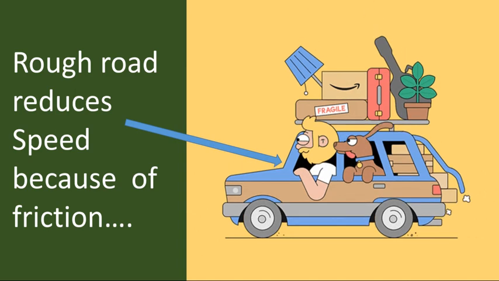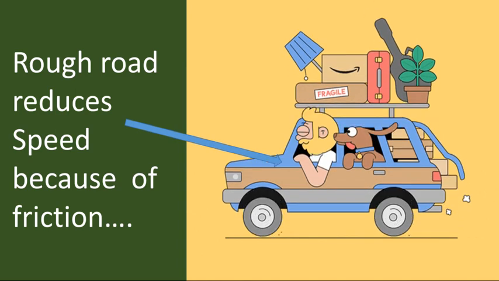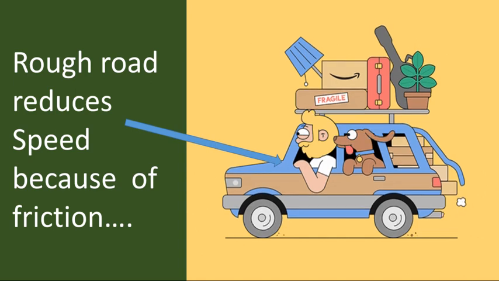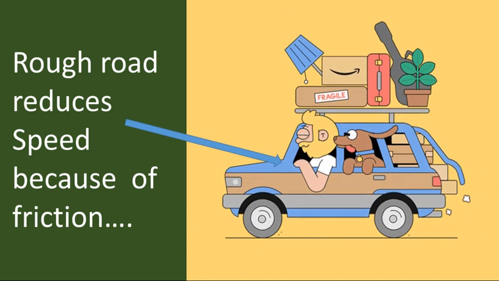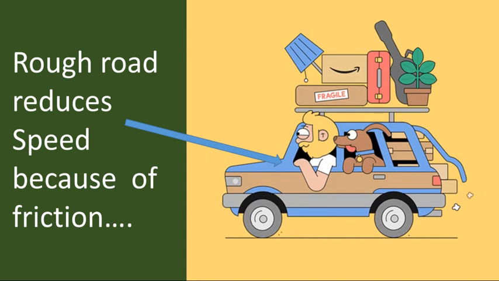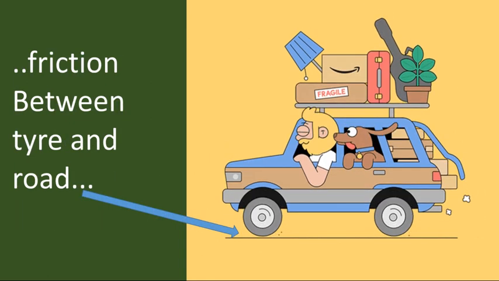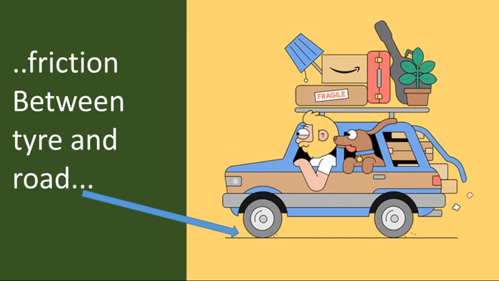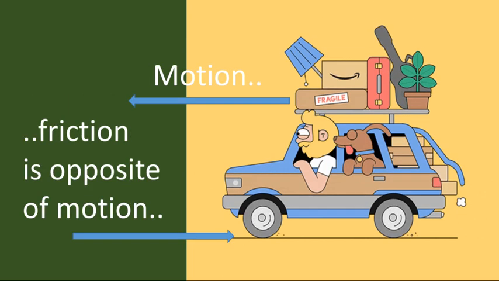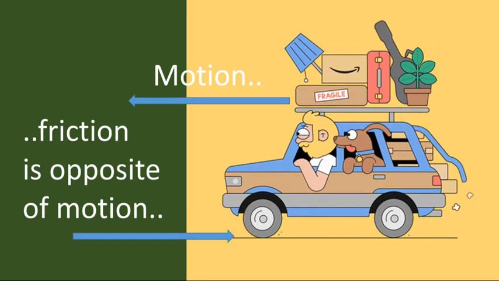You can see the friction is between the tire and the surface of the road. The rougher the surface, the more friction. The friction between tire and road. And therefore remember, this friction is in the opposite direction, because motion is forward and the friction is opposite to the motion.